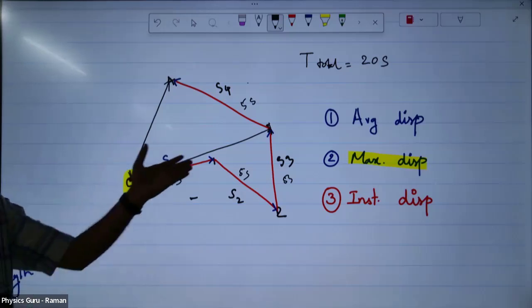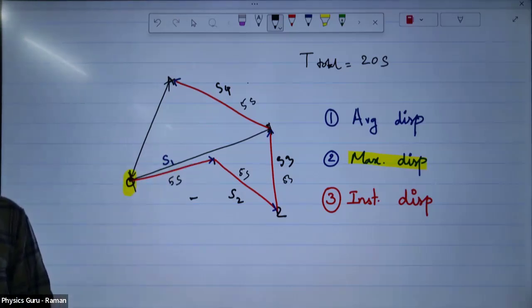Sir, at 15 seconds. Excellent. At 15 seconds, instantaneous displacement is equal to maximum displacement. Got it?